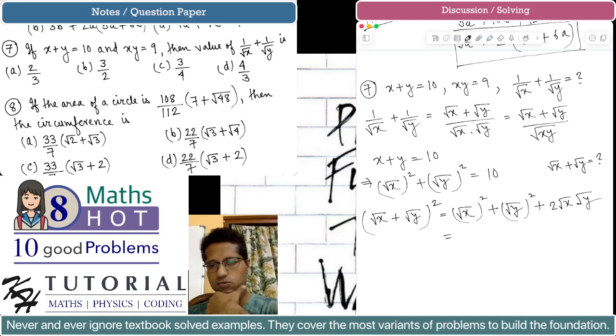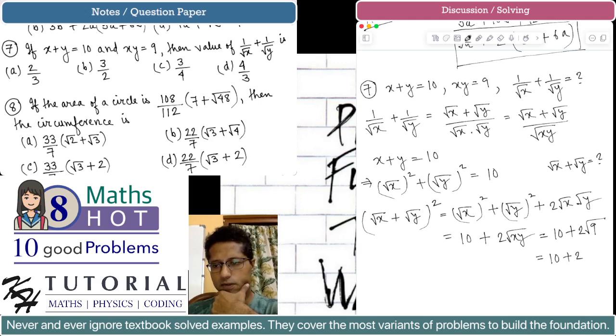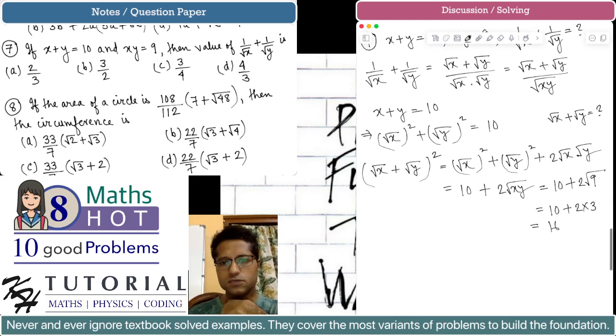Now root x square plus root y square, we know the value is 10, and we have 2 into root of xy. So this is equal to 10 plus 2 into root of xy, which is given as 9, so 10 plus 2 into 3. So this is equal to 16. So this implies that root x plus root y will be equal to square root of 16, that is equal to 4.